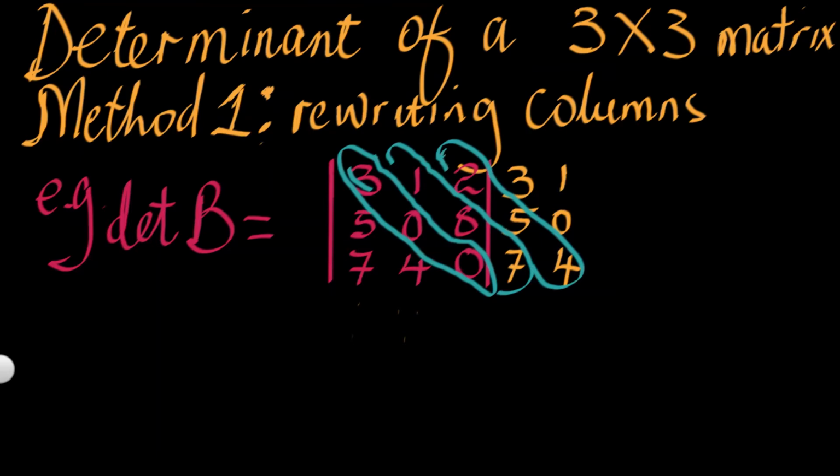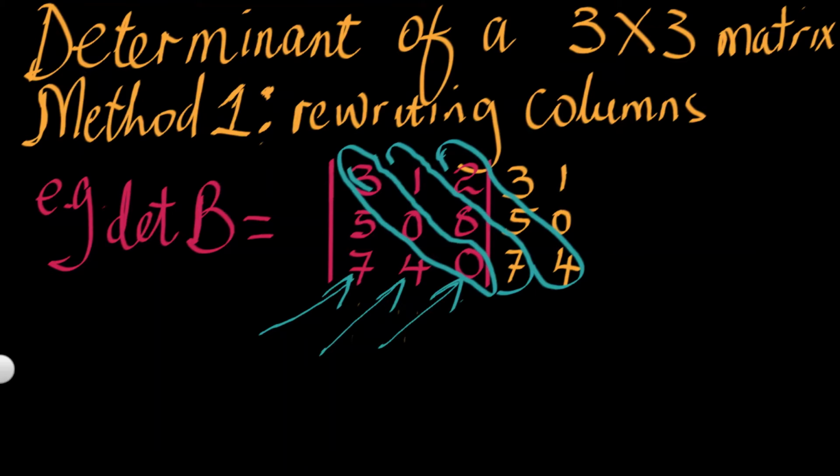So we have three major diagonals here, and if we go this way, we will have this as our first minor diagonal, this one as the second minor diagonal, and this one as our third minor diagonal.